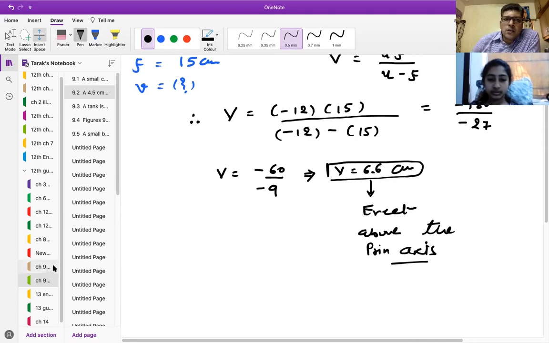Chalo. We have to find the magnification, minus v by u. It's quite easy for us.